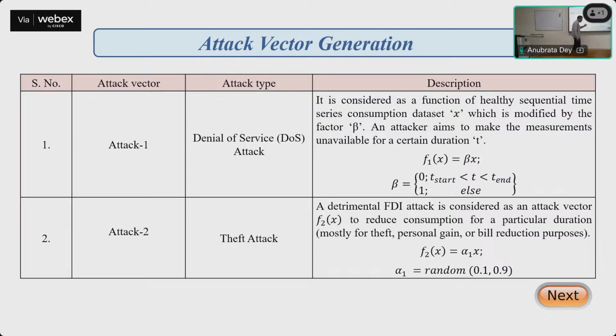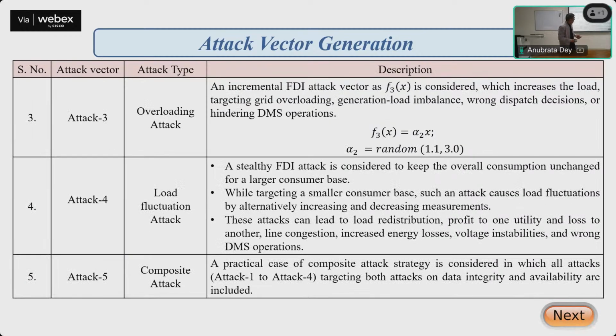Same way for other types of attack, let's say theft attack, you can write other code, maybe multiply your original data set with some factor alpha, and you can vary that alpha using some random function. You can multiply your data set with some factors, maybe 1%, 10% or 90%, depending. Same way you can do for overloading, which can be 110%, 120% or 130%.